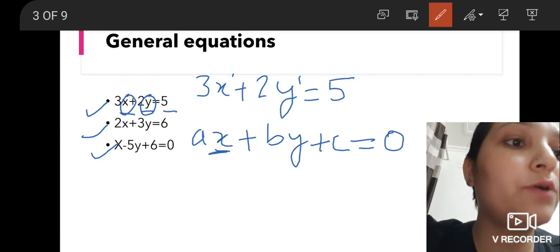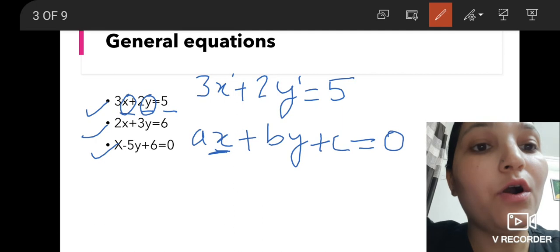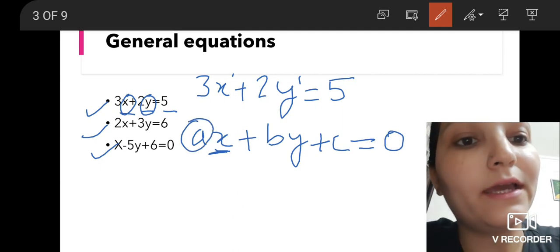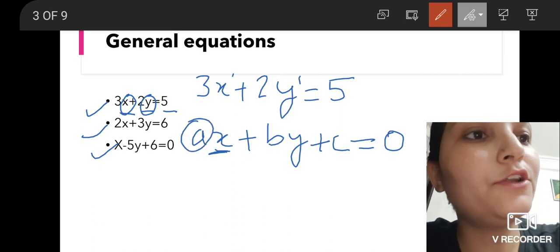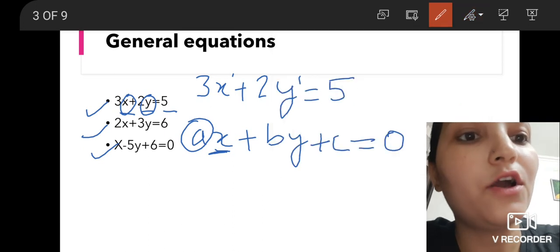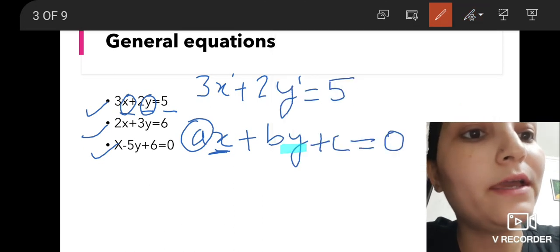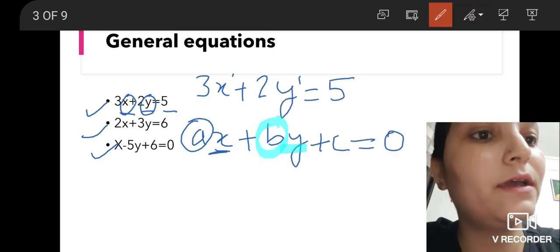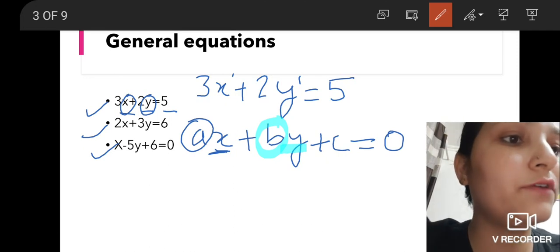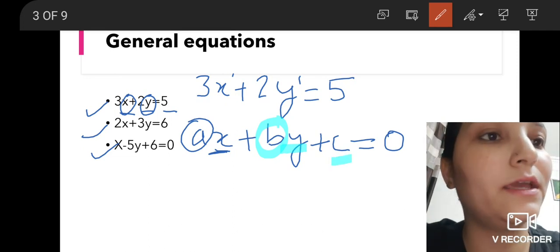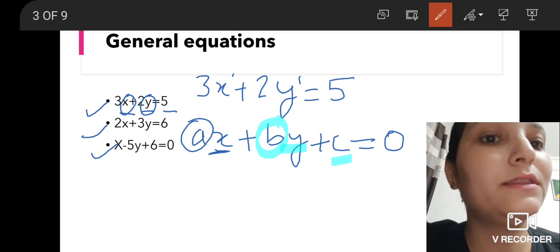I hope you know about the coefficient. So the coefficient of x is a, right? The coefficient of y is b, right? And the remaining portion of the equation is c, right?